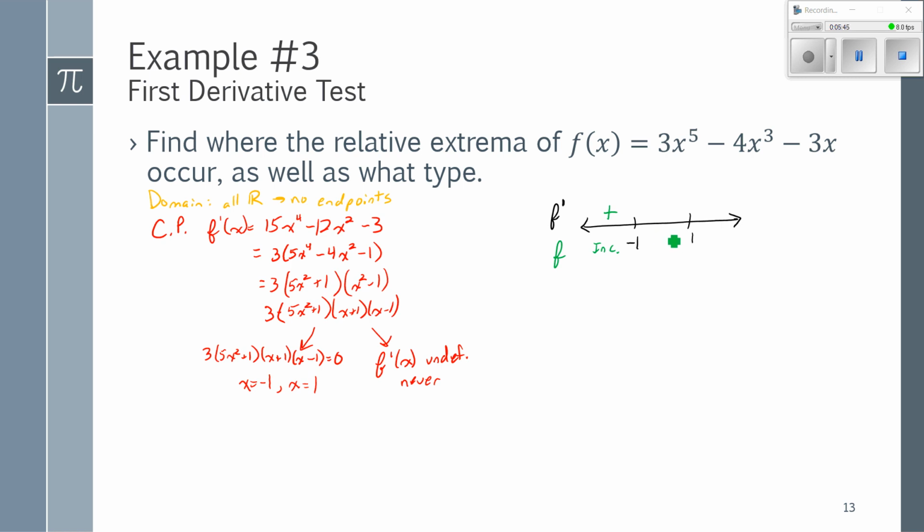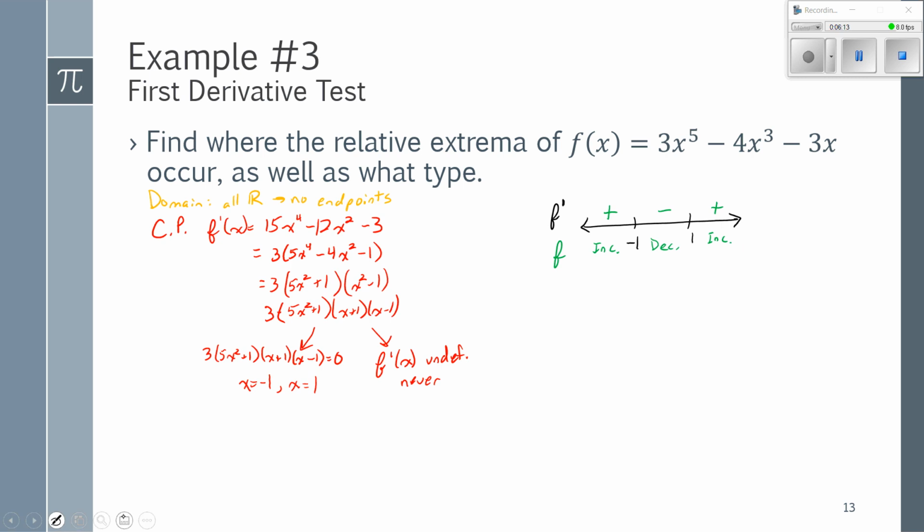I pick a value there, like x equals 0, and plug that into my first derivative. Again, I'm going to use my factored form. I'd have a positive times a positive times a positive times a negative, which is negative, meaning that f is decreasing there. And then pick something bigger than 1 for the third region: positive times a positive times a positive times a positive. So f is increasing.